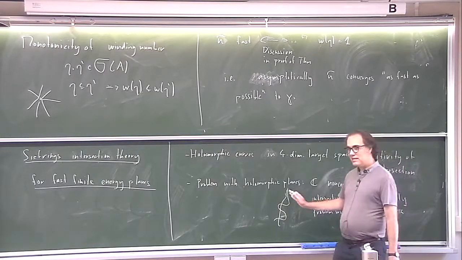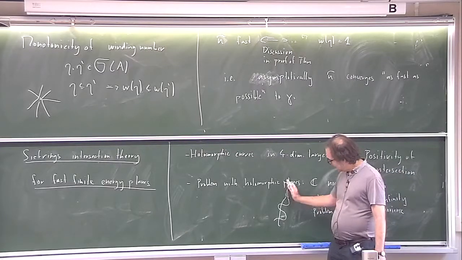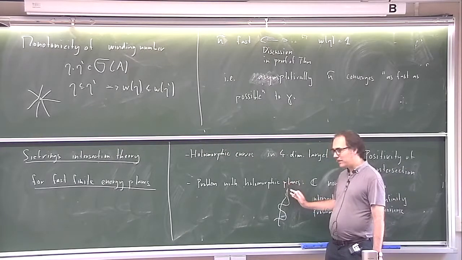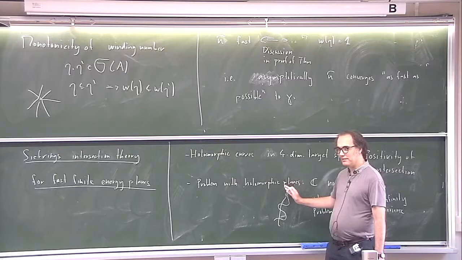Now, what Siefring does is perturb a bit, so he makes the asymptotics different.